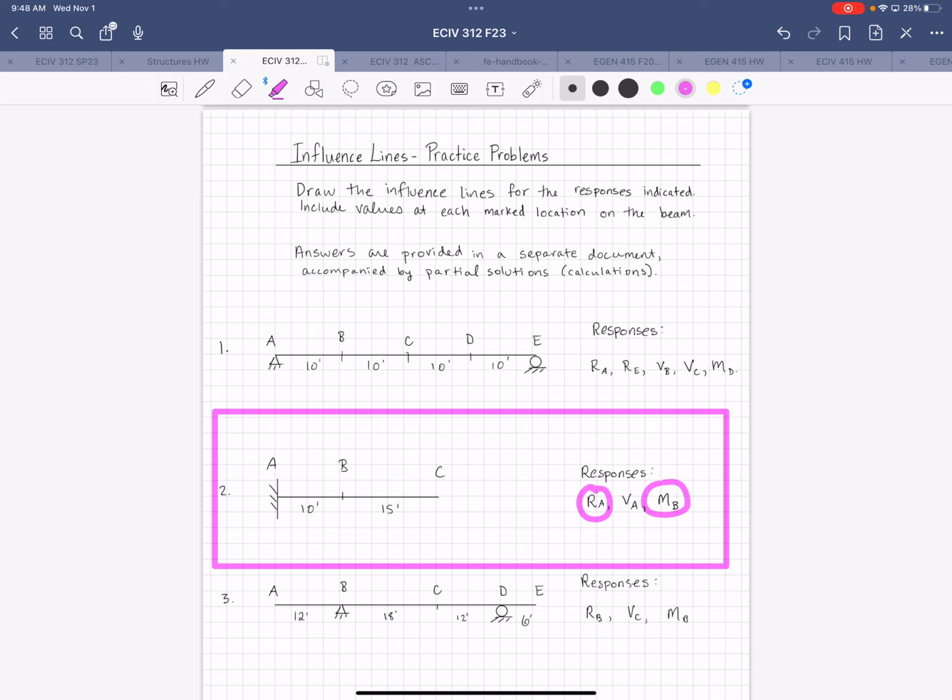And so at B, if the unit load is at B, the moment at B will be 0, right? And I know that isn't immediately obvious or intuitive, but it will be 0 all the way from A to B.